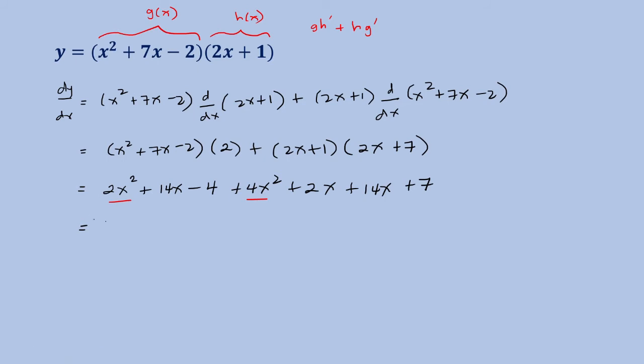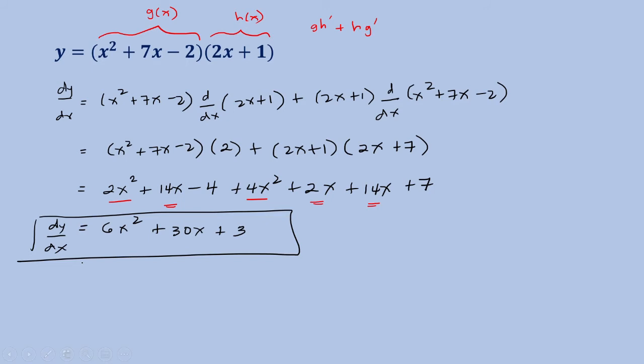So that would be 6x squared. And then 14x plus 2x plus 14x, that would be 30x. And negative 4 plus 7 is positive 3. So that would be the derivative of this function.